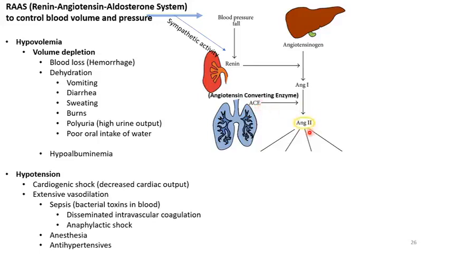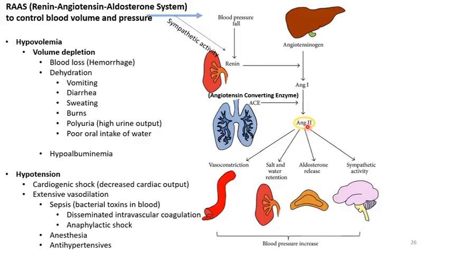Angiotensin 2 has many different effects throughout the body. It is a strong vasoconstrictor. It increases the reabsorption of salt and water from the kidney. It is an important stimulator of aldosterone release from the adrenal gland, the cortical part of the adrenal gland. Aldosterone also increases salt and water retention, reabsorption.